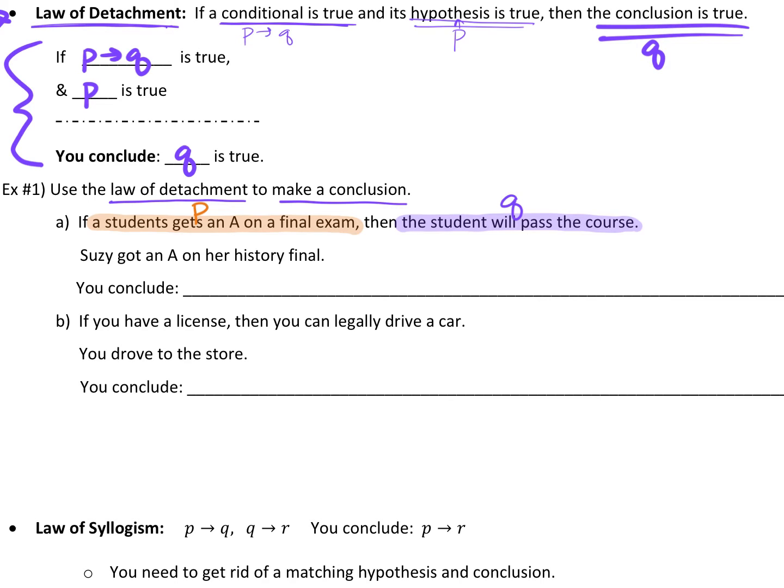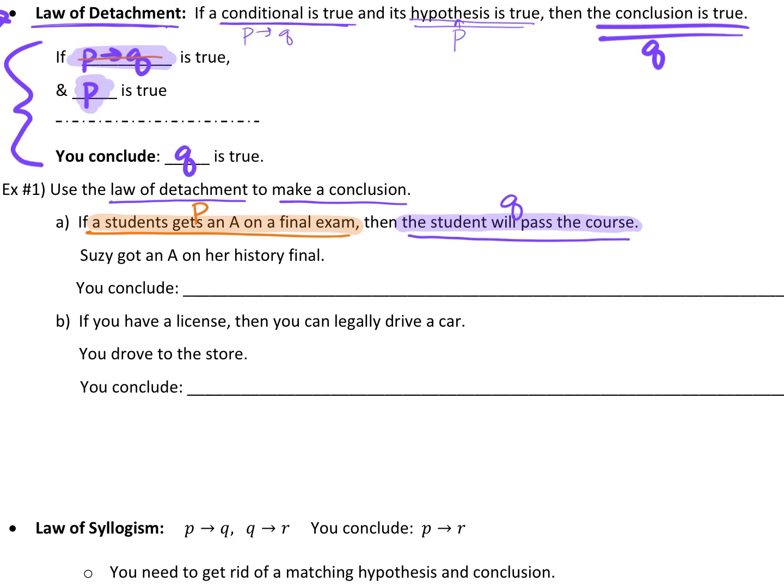Okay, so look at this next statement. We said if P then Q is true, right, up here, and then if they say that the P, the hypothesis, is true, let's check that. Susie got an A on her final. Does that match up with this, or does that match up with this?